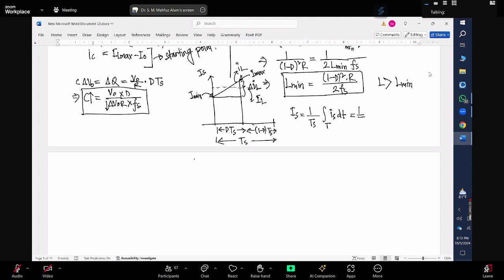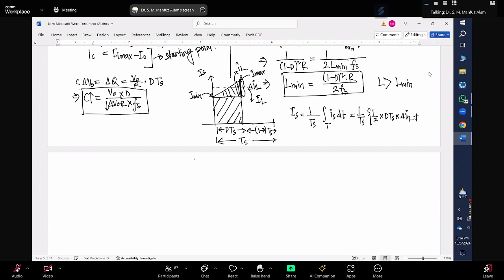So 1 over Ts multiplied by the total area. What should be the area of this triangle? It should be half multiplied by the length, which is D multiplied by Ts, multiplied by this length, and this length is del IL, plus the area of this rectangle.